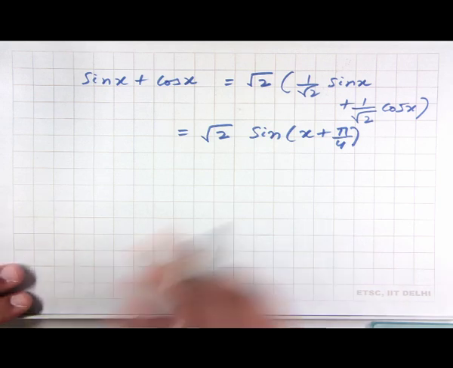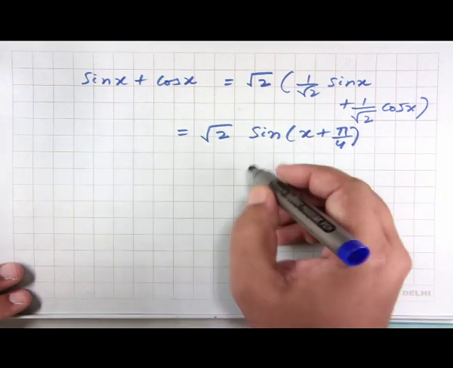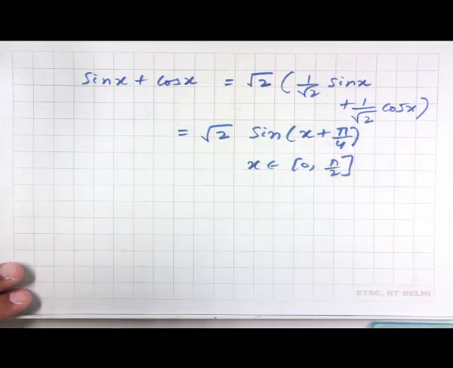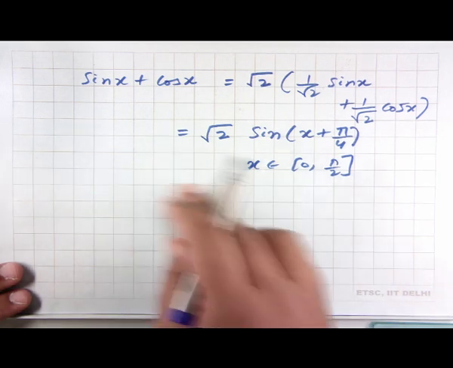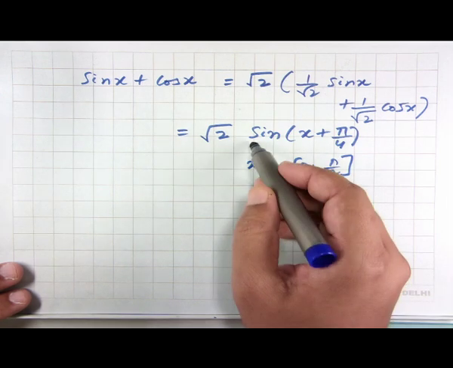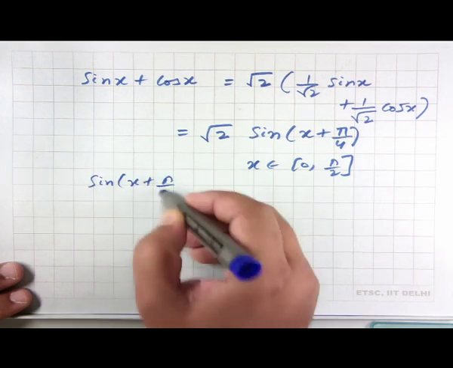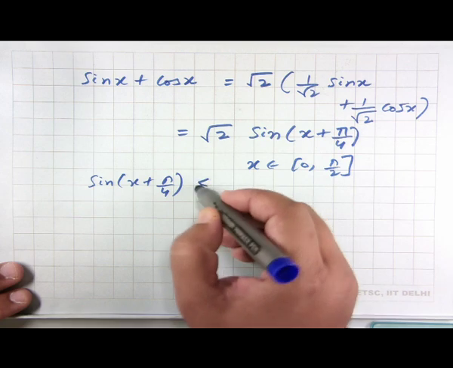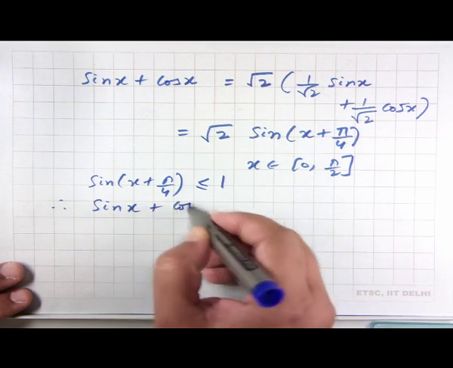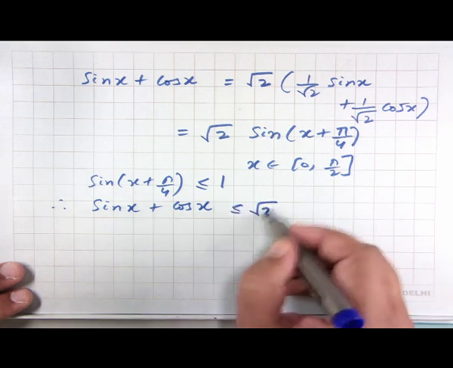But then we know that the value of sin of x plus pi by 4 for any x has to be less than or equal to 1, and therefore, sin x plus cos x from this equality here has to be less than or equal to root 2.